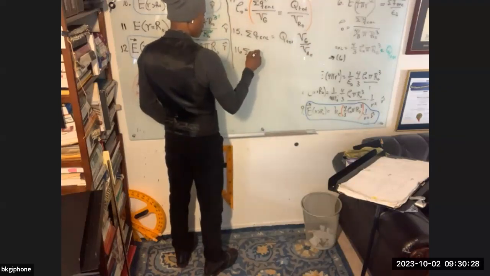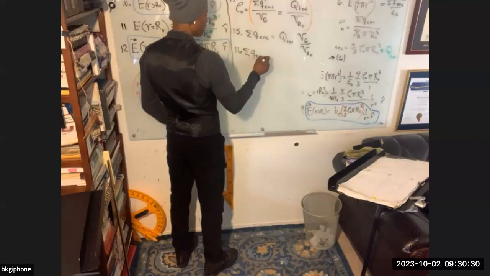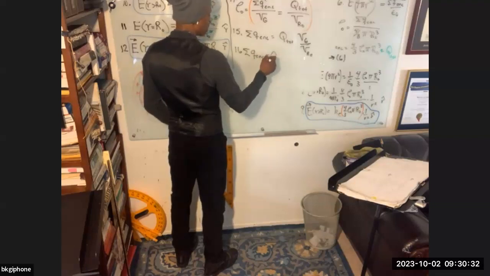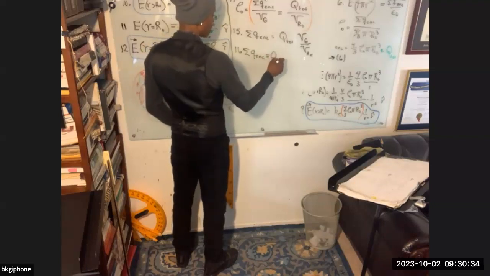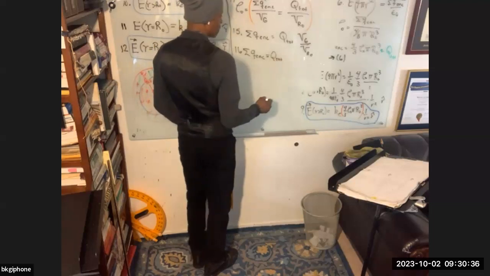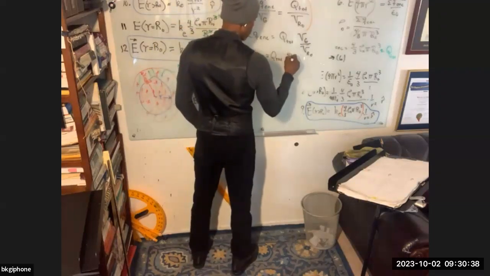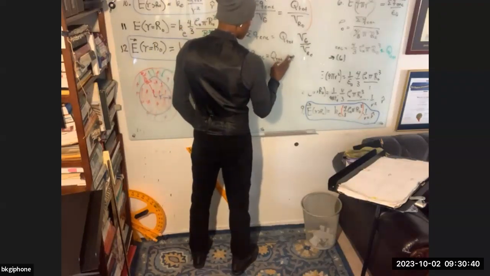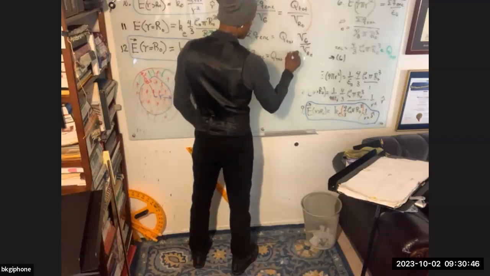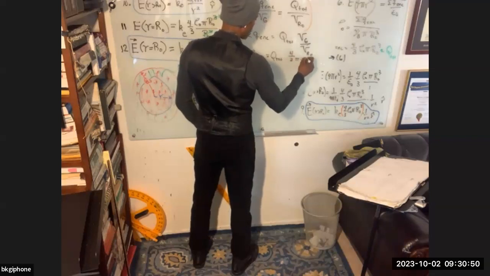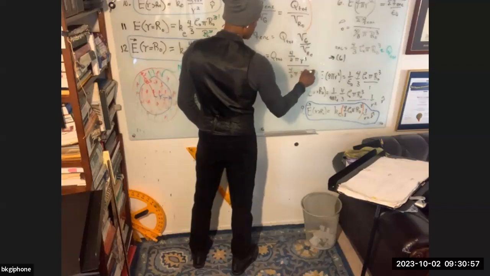So the total charge enclosed in terms of the total charge, period, it's going to be equal to 4/3 pi r cubed over 4/3 pi r naught cubed.